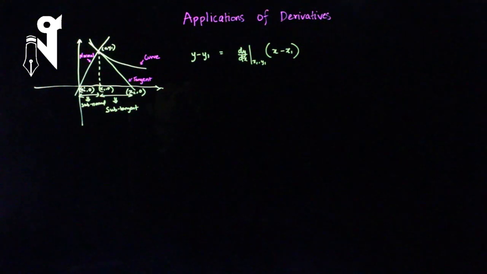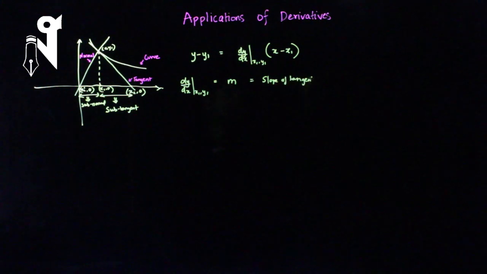Let's write dy by dx at x1, y1 as the slope m. So what does that make the slope of the normal? The slope of the normal is the negative reciprocal of this. So m is the slope of the tangent, and minus 1 by m, which you can say is minus dx by dy, is the slope of the normal.